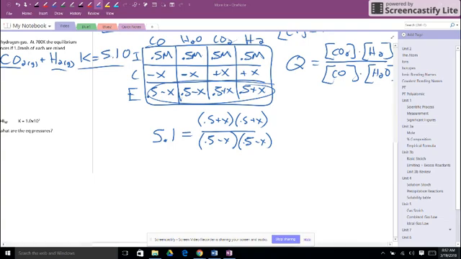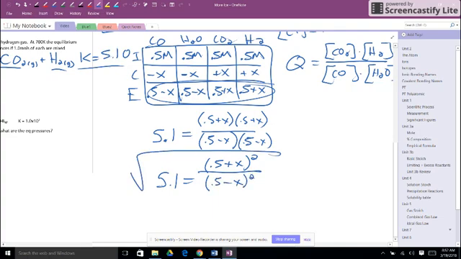Algebraically, we need to identify that for this problem, (0.5 plus x) times (0.5 plus x) is (0.5 plus x) squared, divided by (0.5 minus x) times (0.5 minus x), which is (0.5 minus x) squared. We can now take the square root of this entire algebraic expression, solve for x, and then plug that x back into these equilibrium concentrations. This is the last problem. I'm not going to do the last part for you, but I did get you set up here. Okay, I hope that helps.